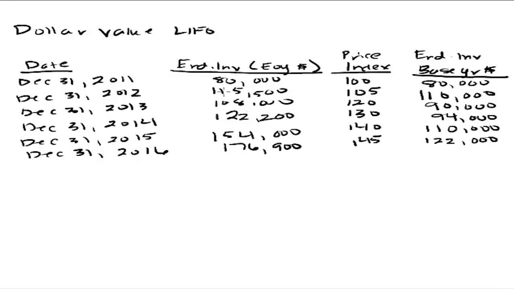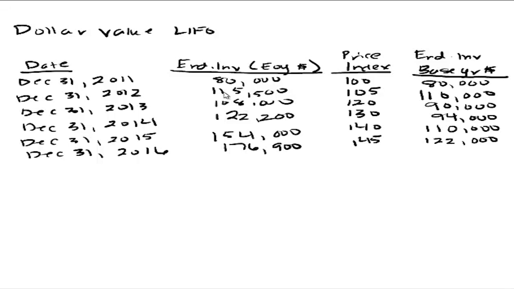So the next thing I do, this just tells me what our ending inventory at current prices for each of these years would be if we convert it to what it would have been in the base year. That's going to allow me to get my LIFO layers for each year, and we'll make adjustments to those based on the price index and the change in these for each year as well.